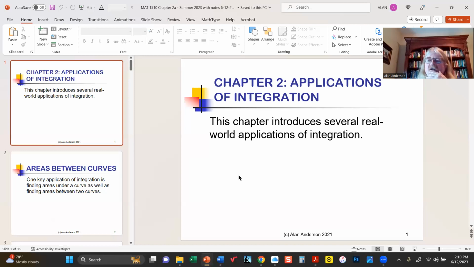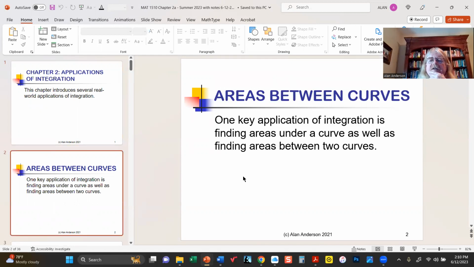So we're going to be focusing our attention on applications. Now, some of these involve geometry, some of these involve physics, but they all are directly related to what we've been doing.